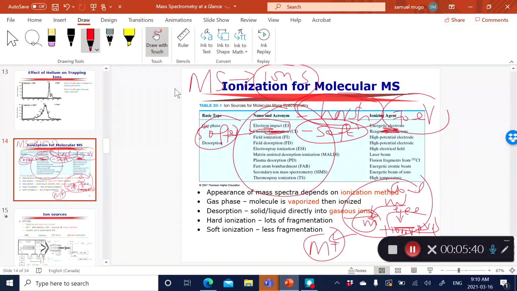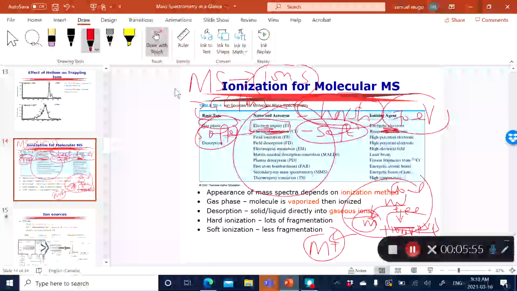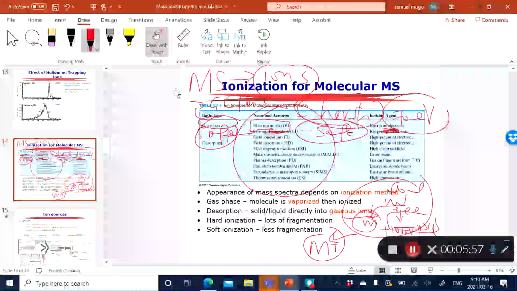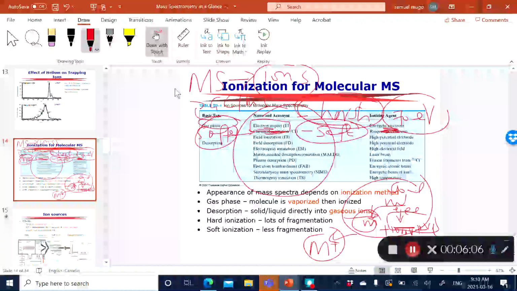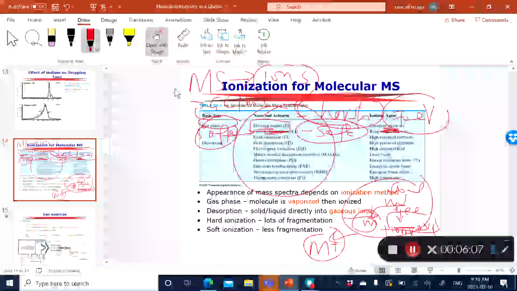And you're gonna see EI as well as CI are very common techniques with the GCMS. Meaning in most cases the sample is coming from a gas chromatograph, and then you're having ionization, the EI and the CI, and then the mass spec after that. So the upstream in most cases of EI and CI is actually a GC.